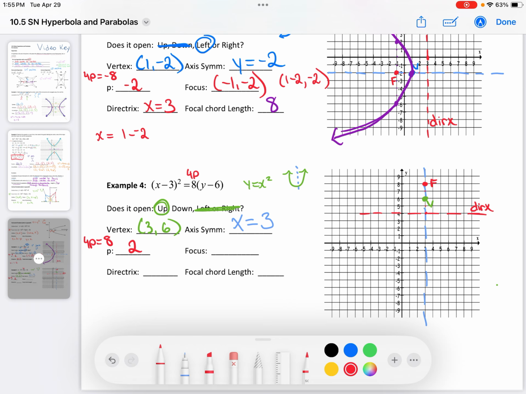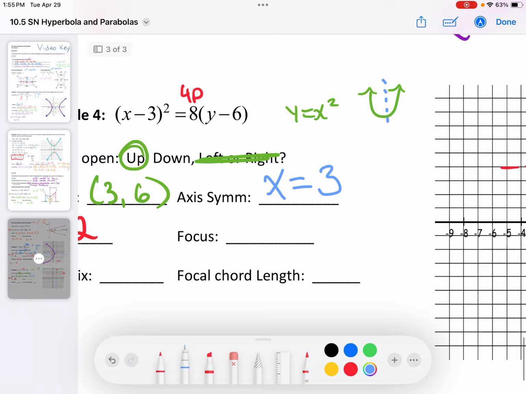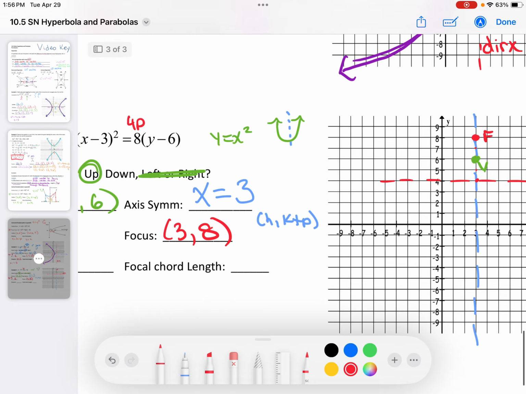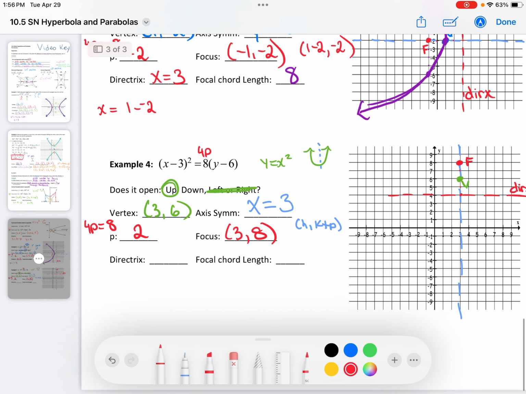So the focus, okay, if we use the formula on the previous page, told us the focus is H, K plus P. H is 3, K is 6, plus P of 2 is 8. And if we look at where that landed, 2 units up is 3, 8.